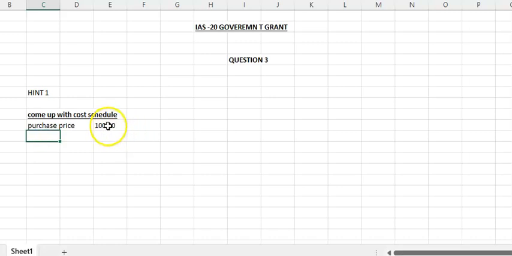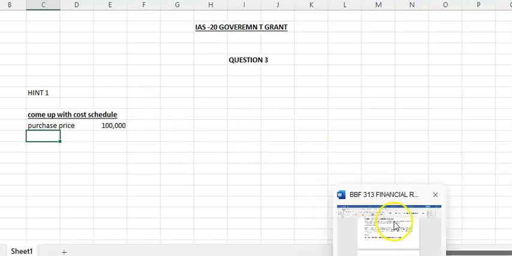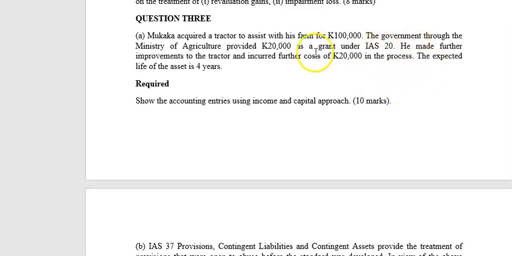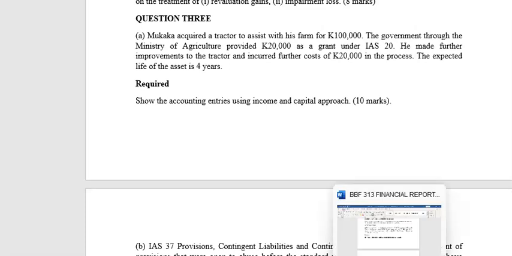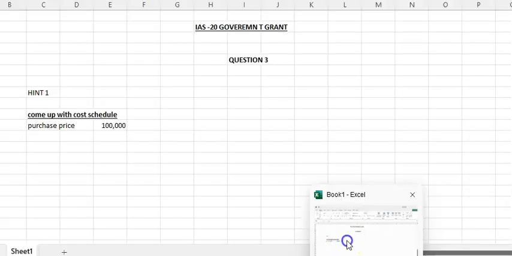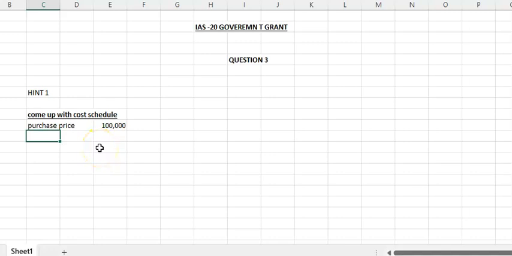This was the purchase cost, what he paid for the machine. After getting the machine, he made further improvements of 20,000, so it will be added to the cost, because this contributed to bringing the asset into working condition. You can write further improvements or just improvements.